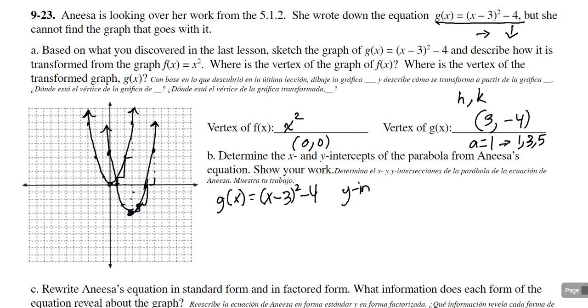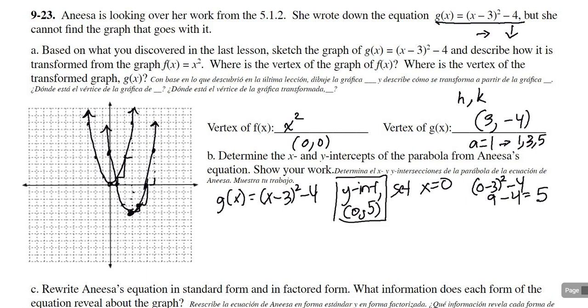To find the y-intercept, I set x equal to 0. So that's going to be (0 minus 3) squared minus 4, which is 9 minus 4, which is 5. So I have my y-intercept at (0, 5).